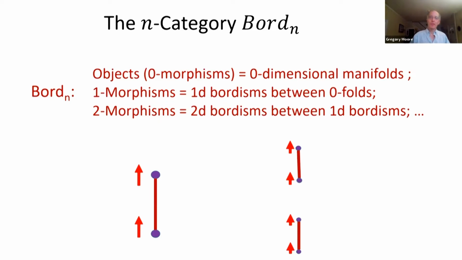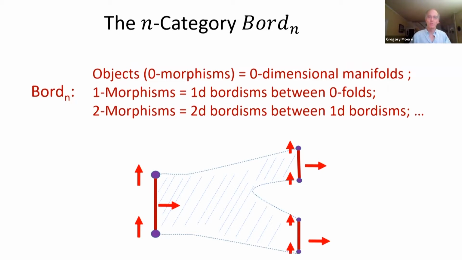And so here I've pictured on the left one of the one morphisms in our category, and on the right, another one of the one morphisms. No one said they had to be connected. So then a two morphism would be a manifold with corners, which is a Bordism between these one morphisms, and so on.